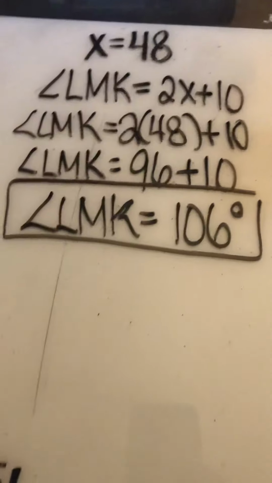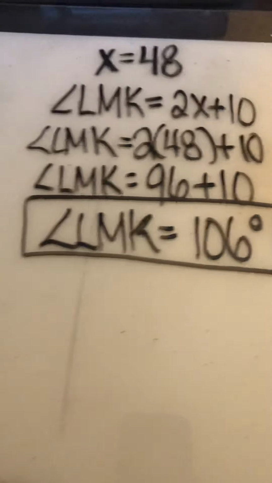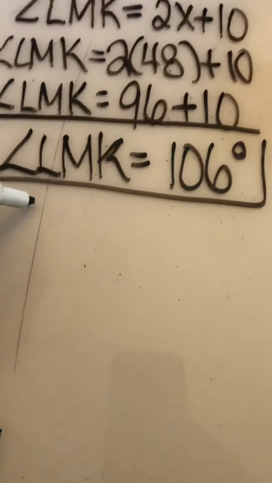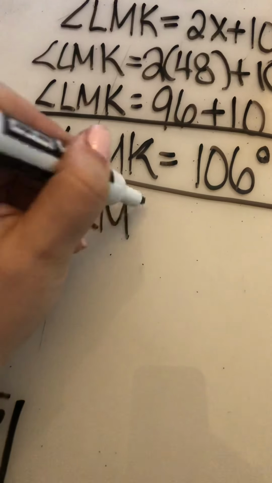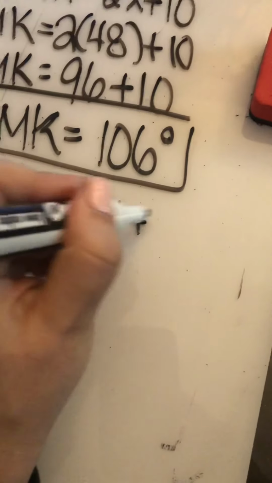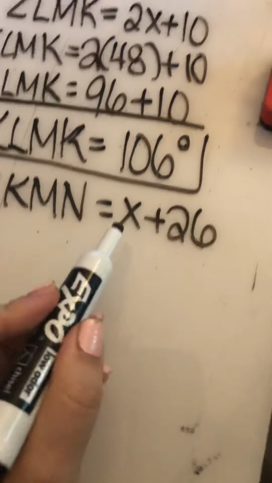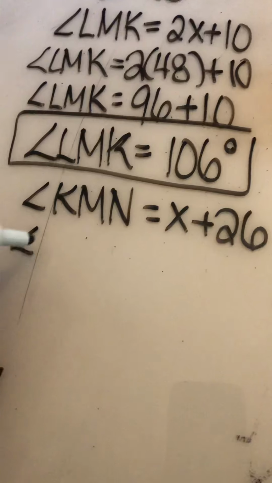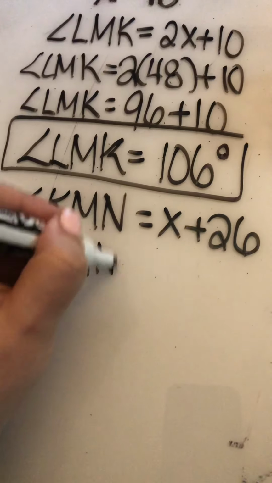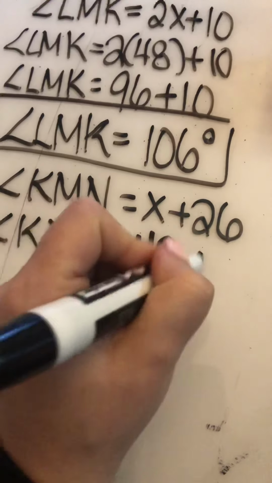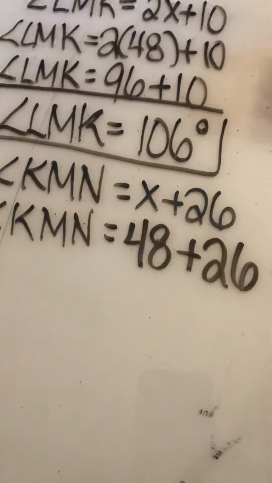All right, so that's one of our angles. We have to find the other one now. So angle KMN, let's do it. Angle KMN is equal to x plus 26. I know what x is. X was 48, right? That's what we solved earlier. So KMN equals, I'm not going to write x, I'm going to put 48 plus 26.